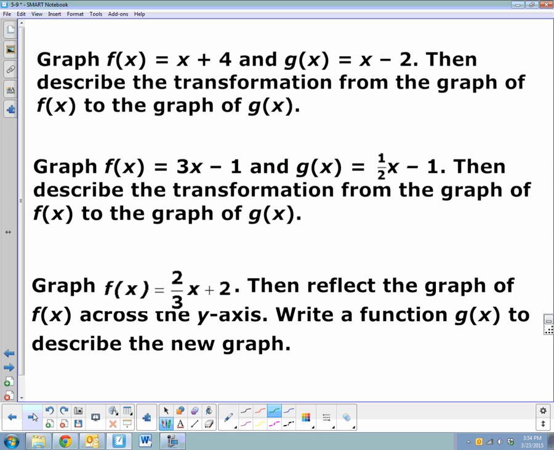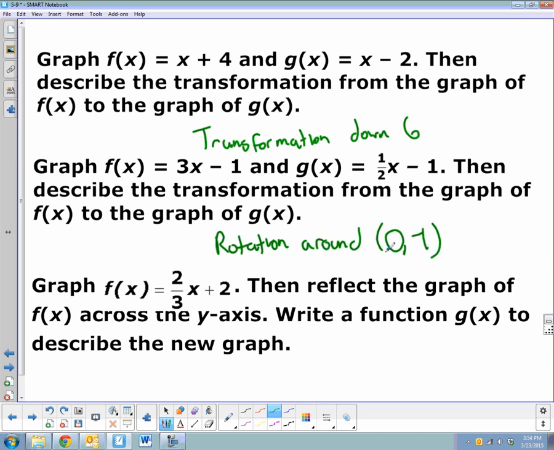So for the first one, it would be a translation down 6. For the second one, it ends up being a rotation around 0, negative 1. And if you didn't get that last part, the 0, negative 1, watch the video so we can see why that works.